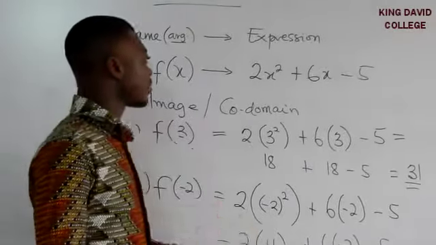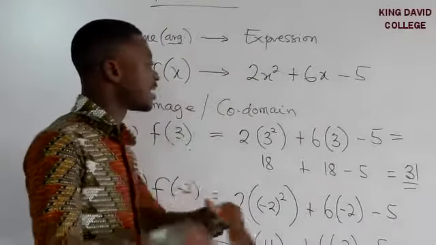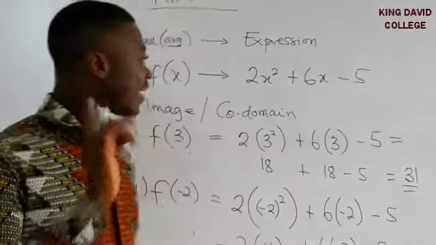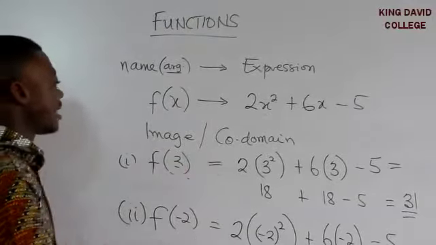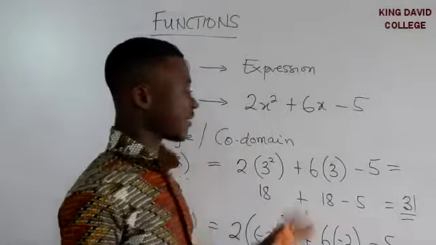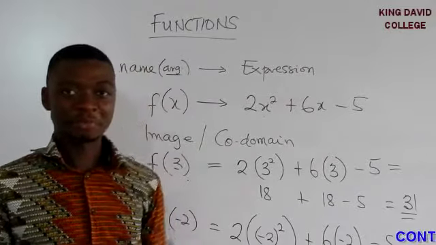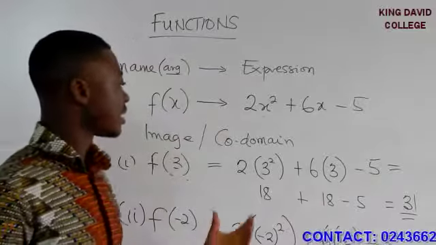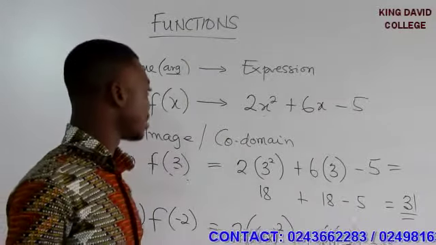Same applies to when the function is cubic, same applies to when the function is linear, and all that. Okay? So in the very first task, you will be asked to find the images of specific values, specific inputs, domains, under a specific function. Then this is how it should be done.